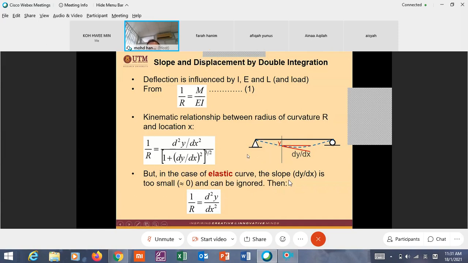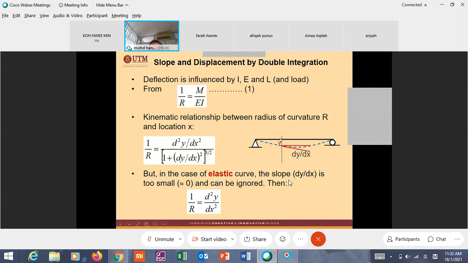In design, the allowable deflection is only 1 over 360, very small. And if it is more than 1 over 360 of the beam length, it fails in design.